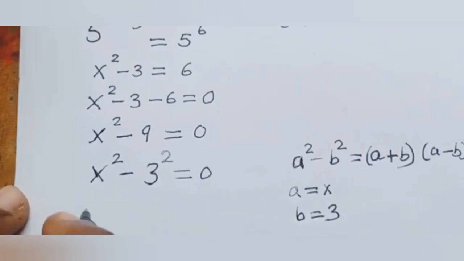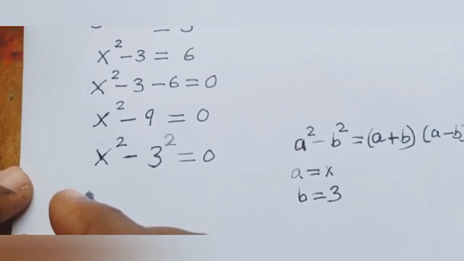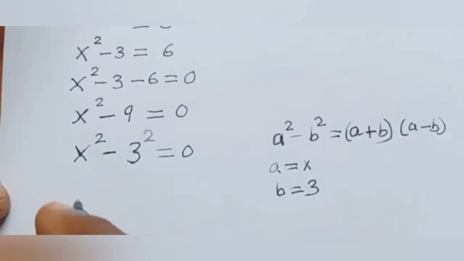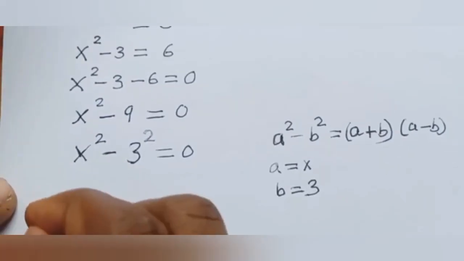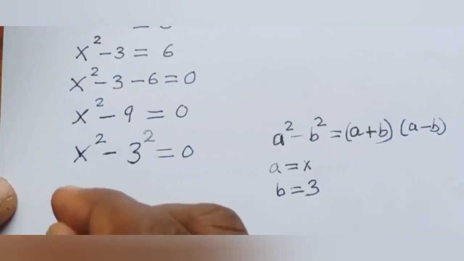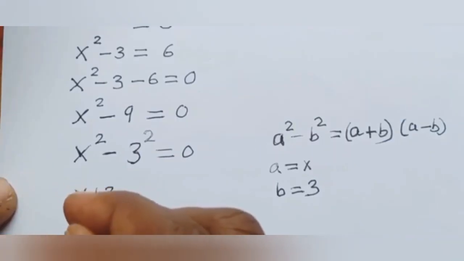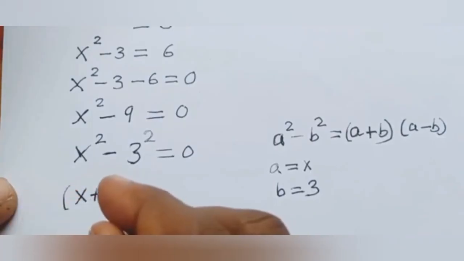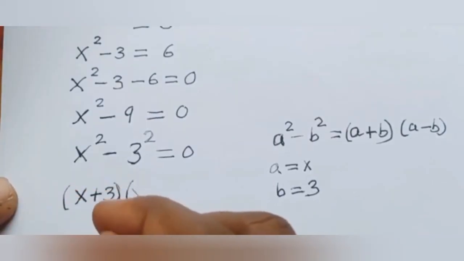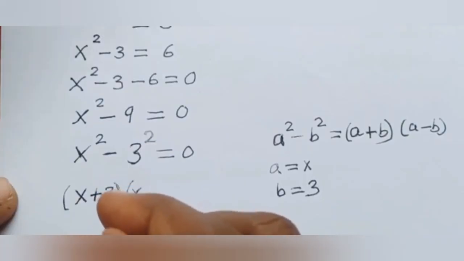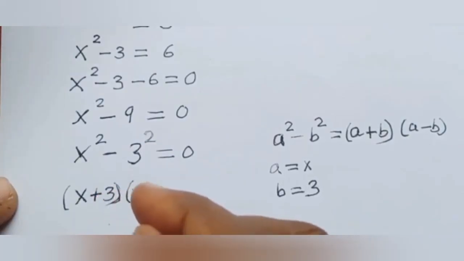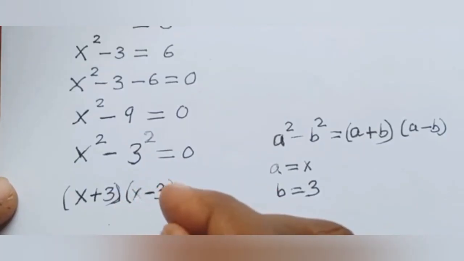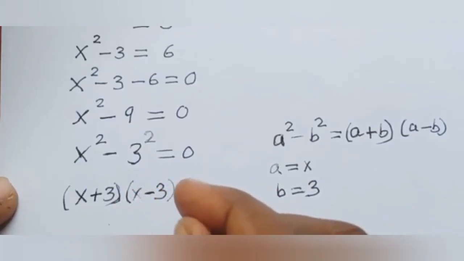So we have x plus 3 in the bracket, then you have x minus 3 in the bracket equals 0.